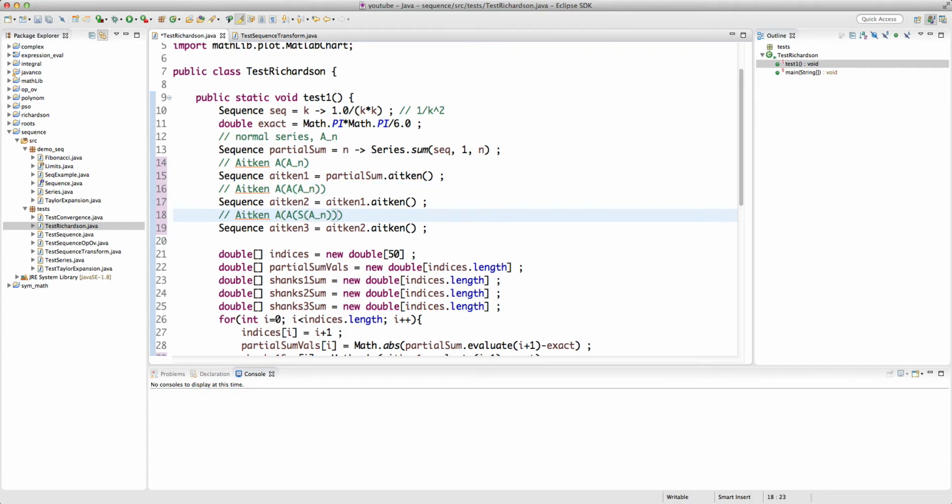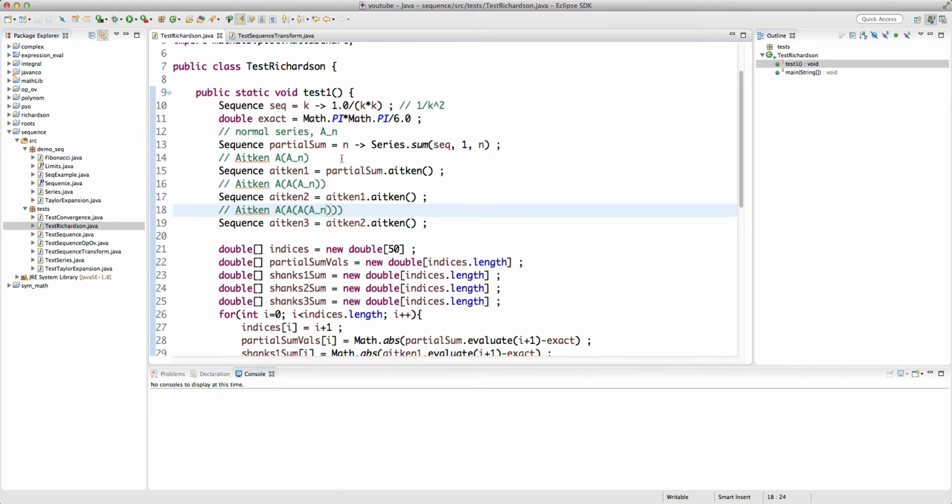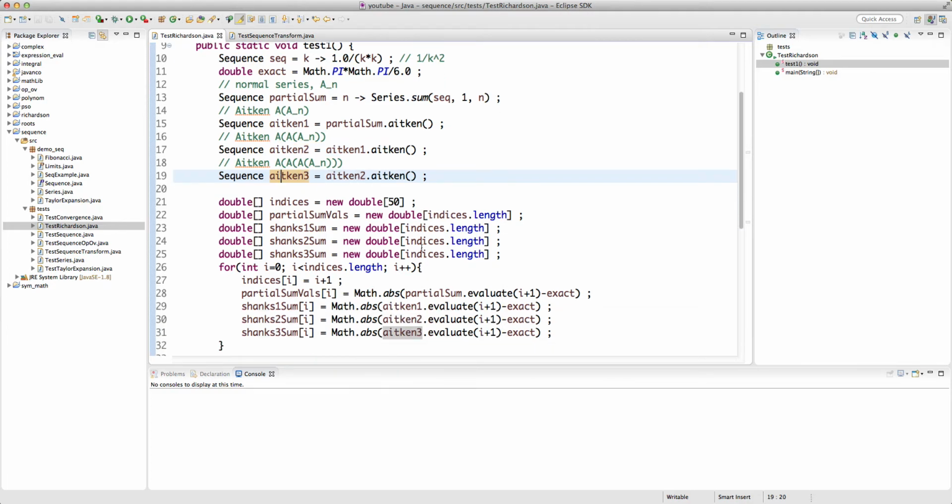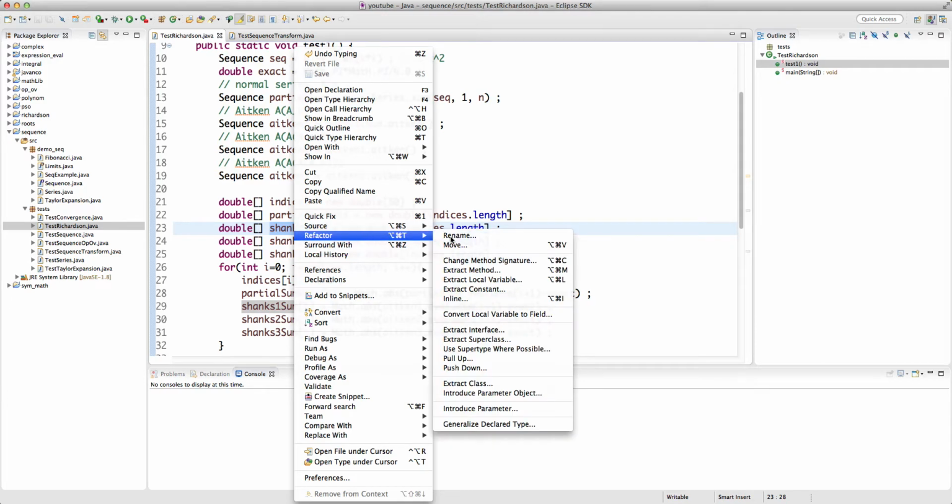Aitken, Aitken, Aitken, okay? So we create our partial sum, we Aitken it, it returns a new sequence, and Aitken it again, new sequence, and then Aitken again. Let's also refactor and rename.